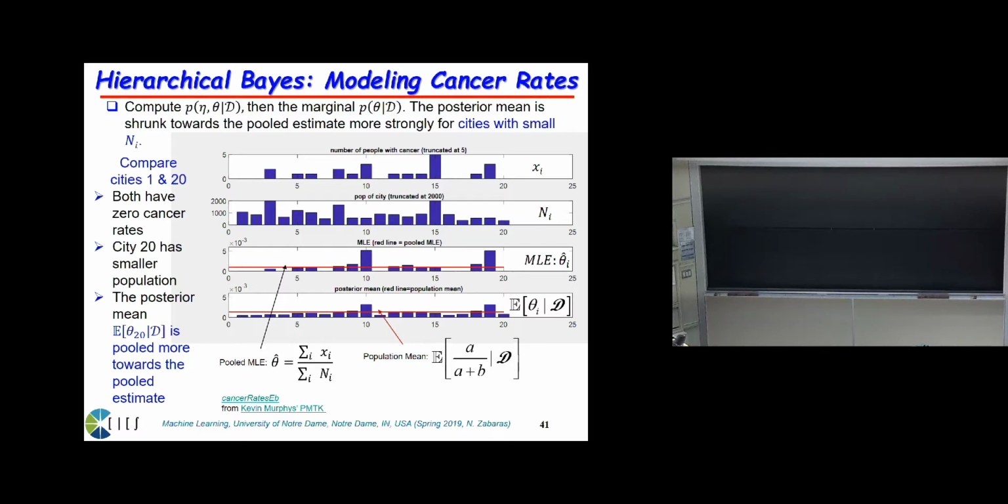So effectively, the MLE estimate tells you something, but the pooled calculations tell you that no, this is way too high. So the estimate for CT19 has to come down, and that leads to very high uncertainty for CT19. Okay.